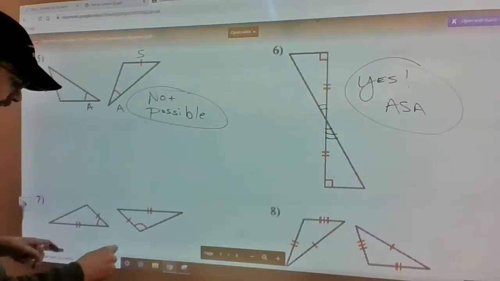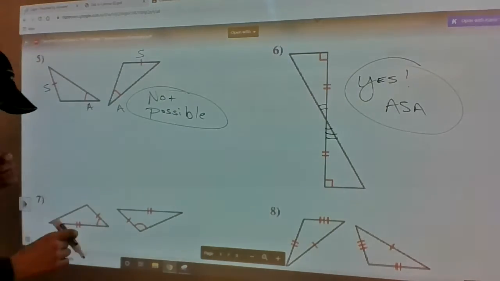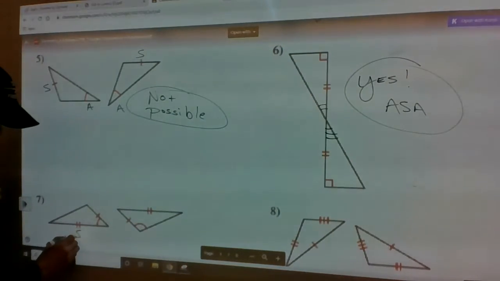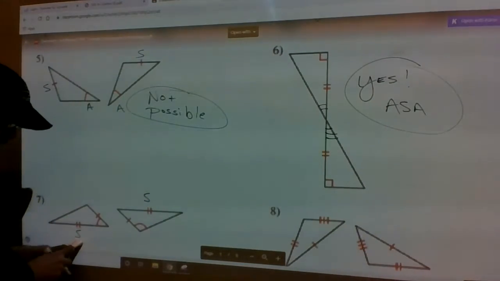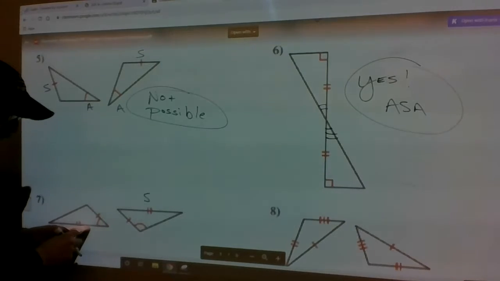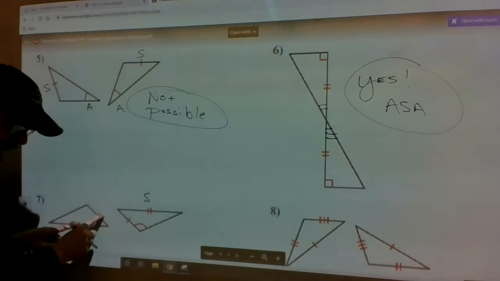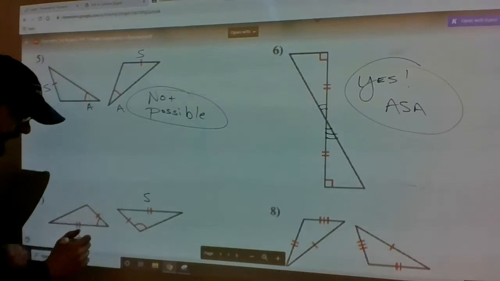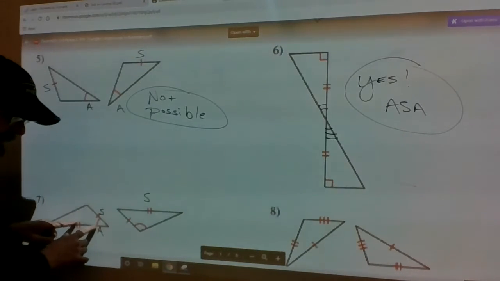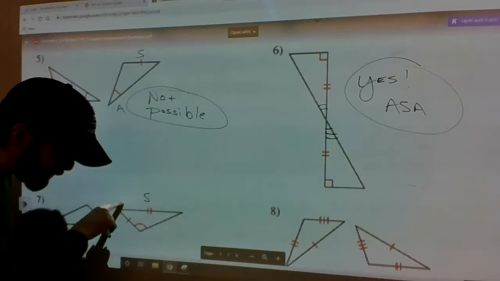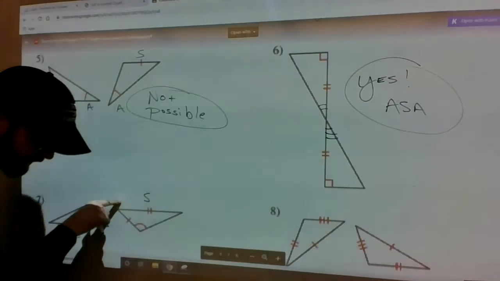Check out number 7 down here. It looks like we've got a side congruent to this side. Now, on the triangle down here, it's the angle that's between two sides, okay? So this angle that's between two sides is not the angle that should be between two sides here.